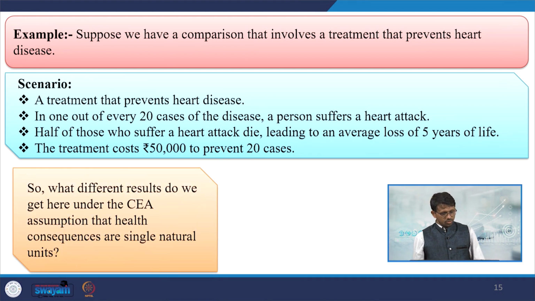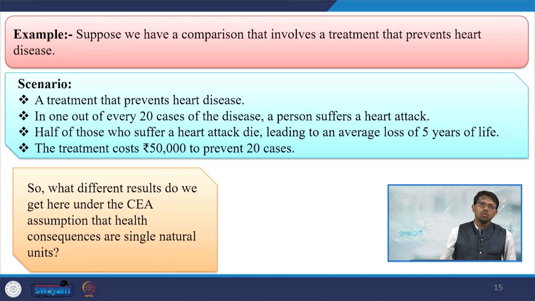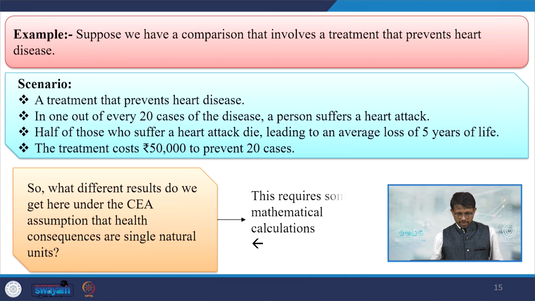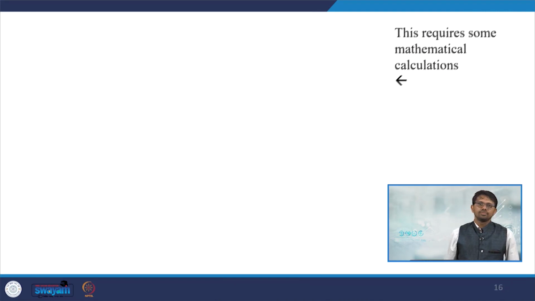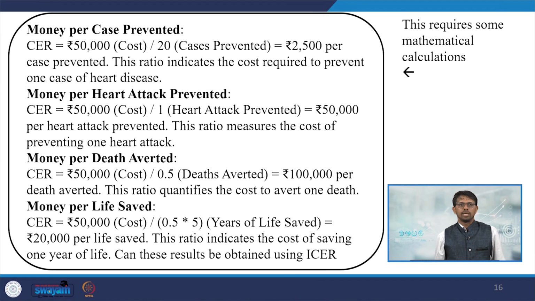Okay. So what different results do we get here under the CEA assumption that health consequences are of a single natural unit? This requires some mathematical calculations, and that goes like this. There are all variety of options needed. Cost is 50,000 per 20 cases, which I already said.